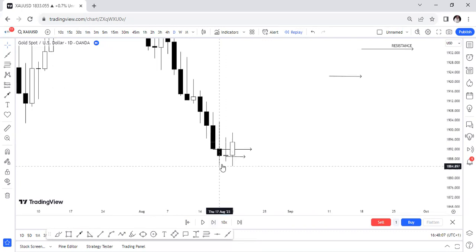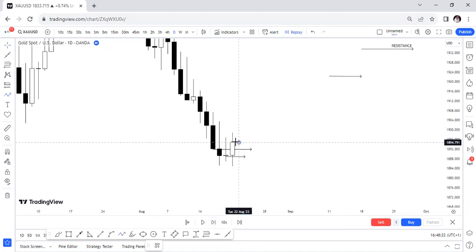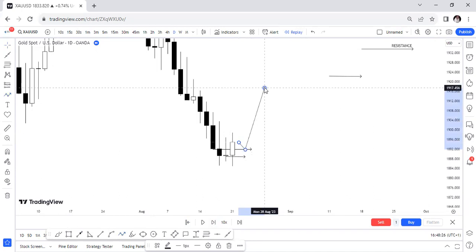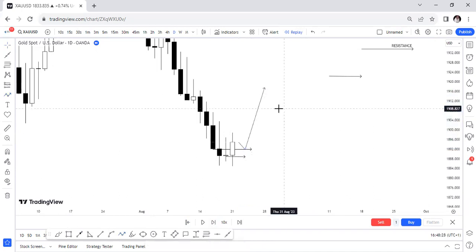Because price has closed above this gap, you are now going to wait for a wick. For price to open here, come lower, tap into this place and move higher before you buy. You are going to wait for confirmation of that wick at this place.